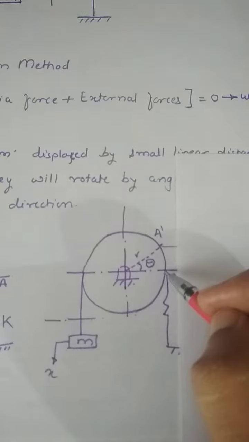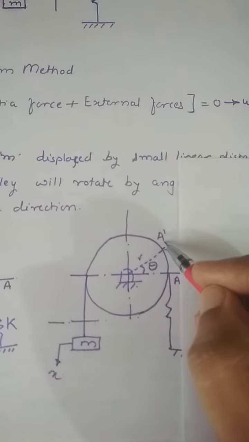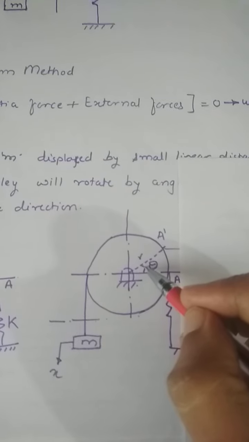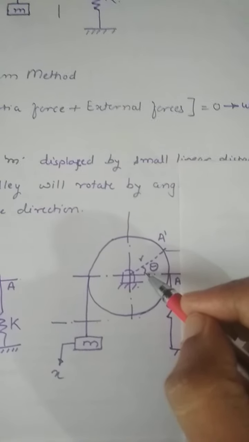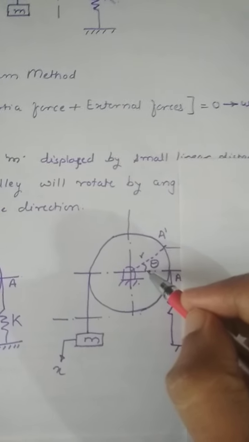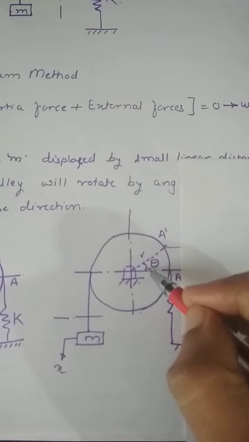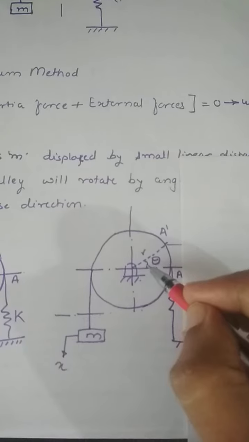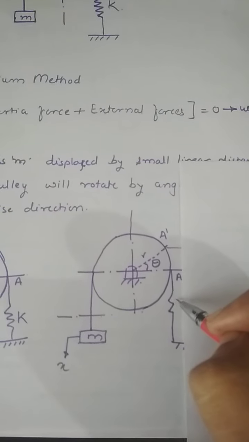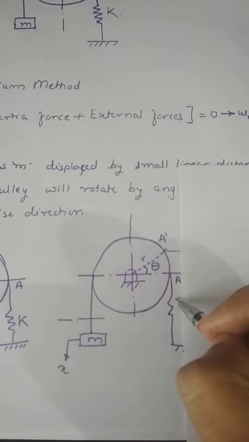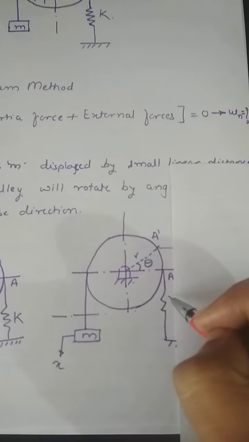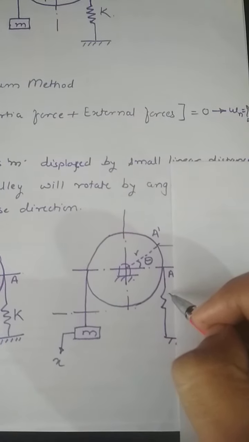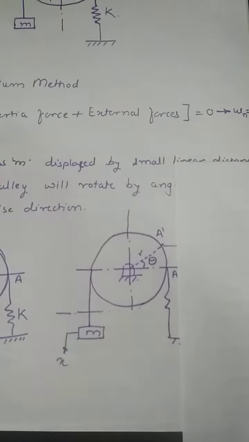This very small angle theta will be the angular rotation in anti-clockwise for the pulley, and the spring gets extended, elongated by x distance.